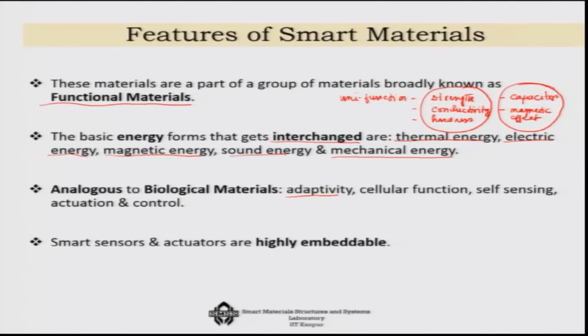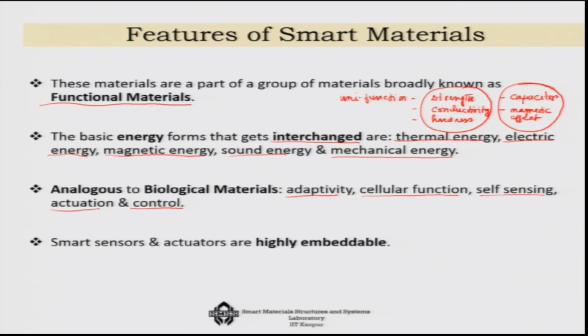Then the other interesting feature is that these materials can actually be designed in a manner that they become adaptive, cellular in function, and self sensing. They can sense, they can actuate on their own, and they can control themselves.